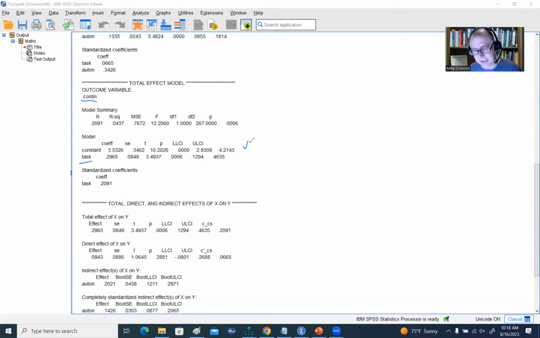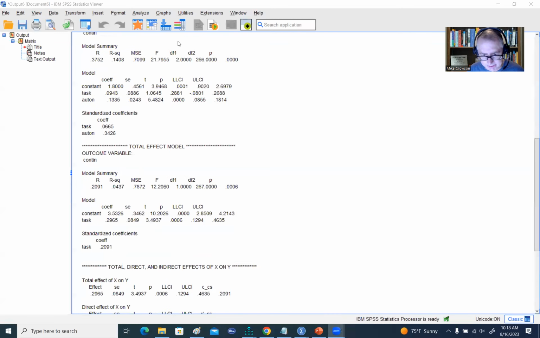So this value right here, the 0.2965, is going to be equal to the sum of the direct effect of task orientation on intention to continue within this model up here. I'll just highlight the value right there. And also the indirect effect, which is computed as a product of those two regression slopes I was just telling you about.